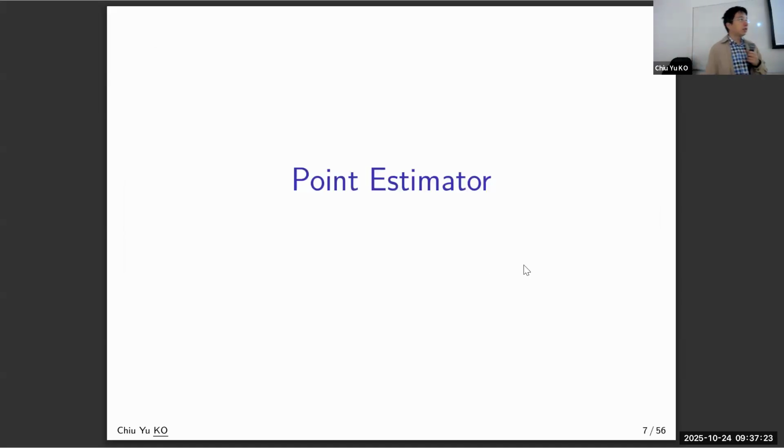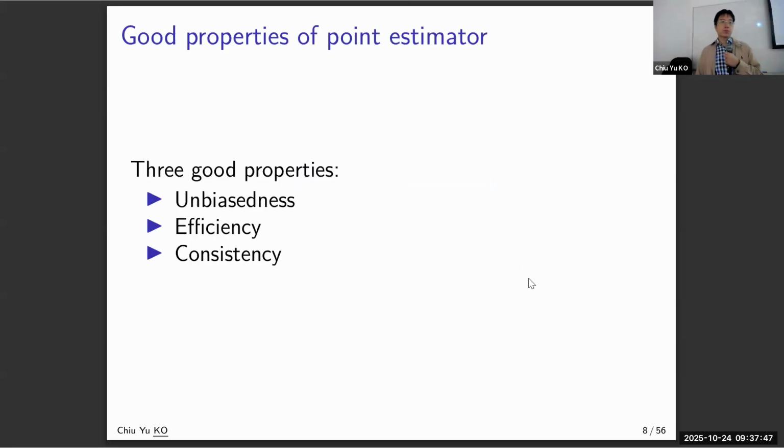The point estimators in our class are three of them, right? Sample mean for population mean, sample proportion for population proportion, and sample variance for population variance. And there are three important properties of a good point estimator: unbiased, efficient, and consistent.